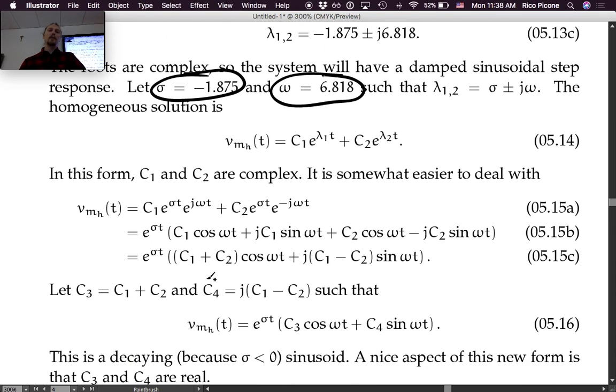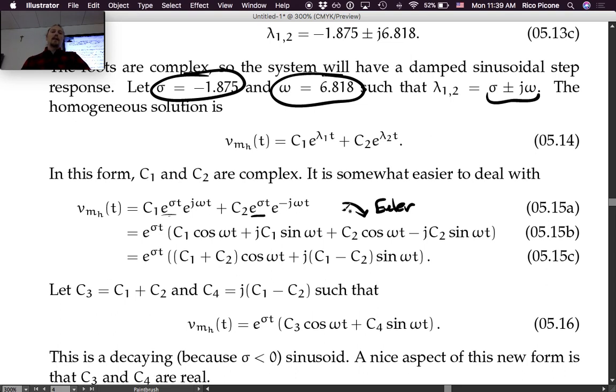So if we plug in lambda 1 and lambda 2 in terms of sigma and j omega, we get this expression. There's a common factor of e to the sigma t in both terms, right? We can pull that out, so that's what we do, factor it out. And then we apply Euler's identity to both terms, e to the j omega t and e to the minus j omega t separately.